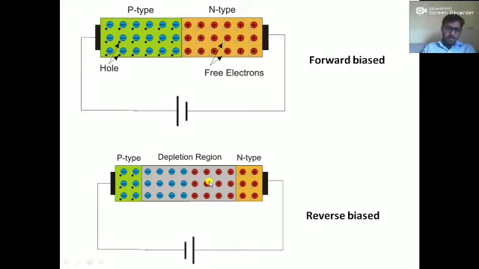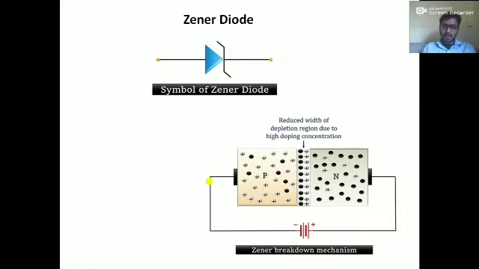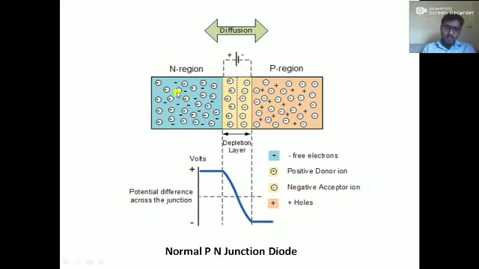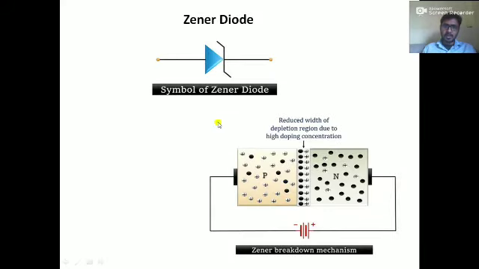So friends, here we are talking about the Zener diode. What is the basic difference between a Zener diode and a normal diode? In a normal diode, the doping concentration is much lighter compared to the Zener diode. The Zener diode is heavily doped, because in the p type there is trivalent impurity and in the n type there is pentavalent impurity.